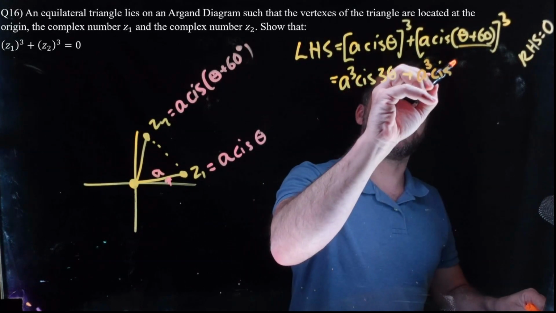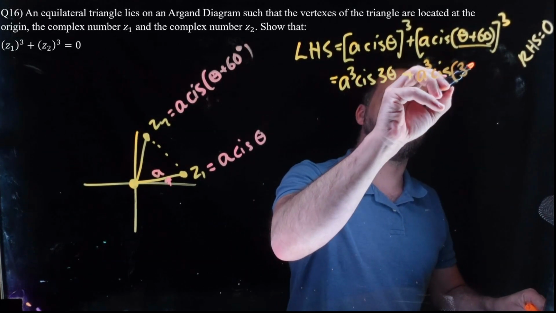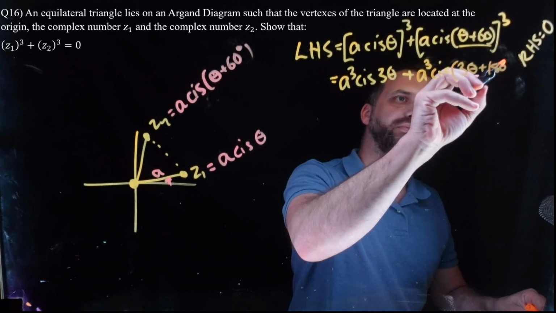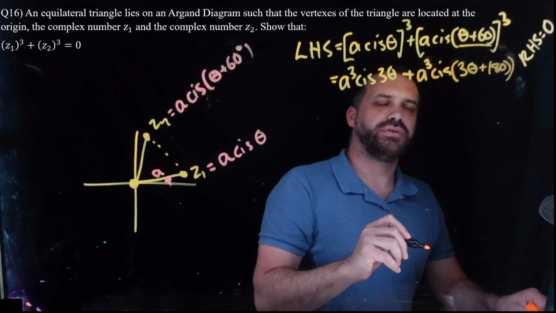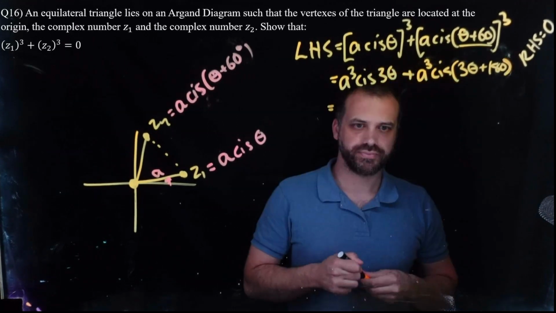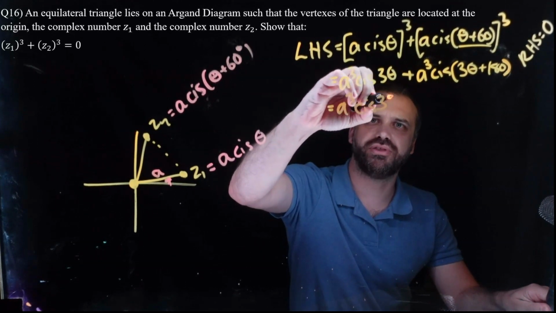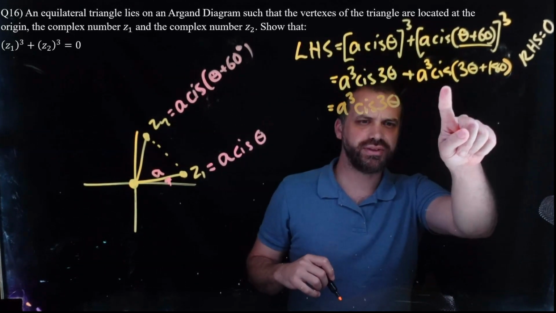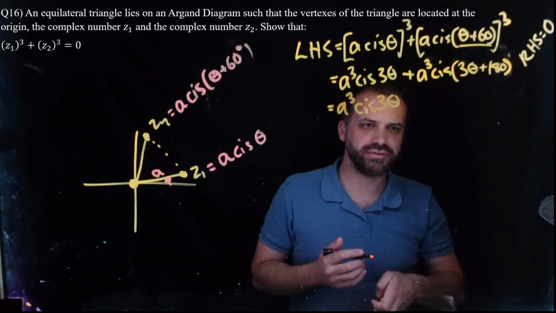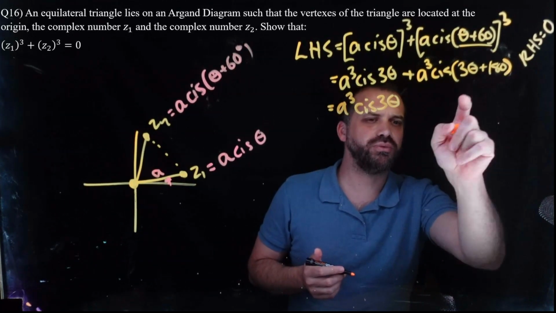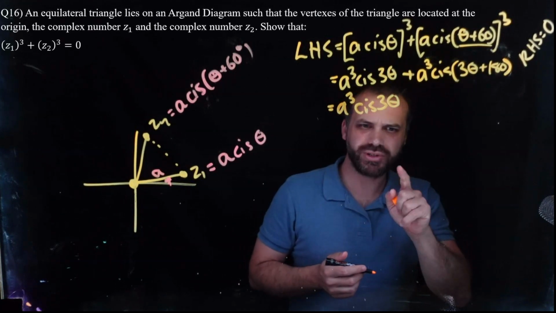So that's 3 theta plus 180. Alright, so what do I see here? A cubed cis 3 theta. Now look at this interesting idea, right? 3 theta plus 180. What does that look like?